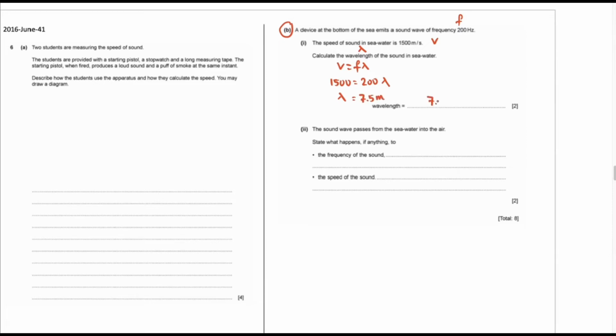So 7.5 meters is the wavelength. Okay, so we can only do B part 1 as a warming up question. The rest we haven't learned yet. Now let's see whether we can do any more questions.